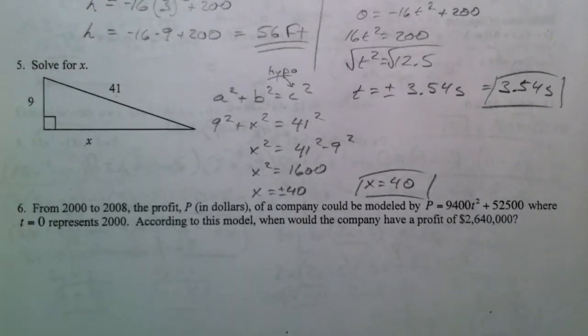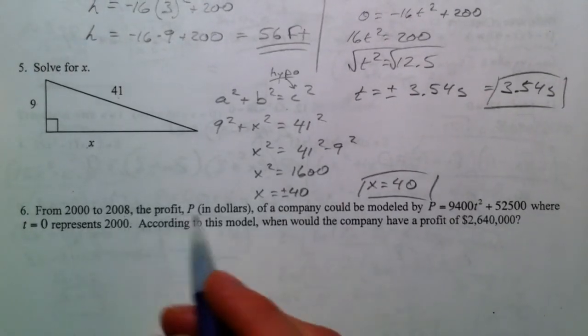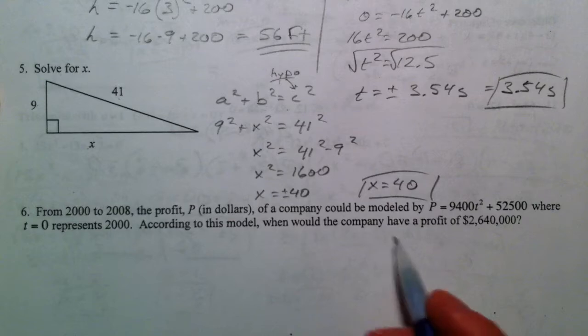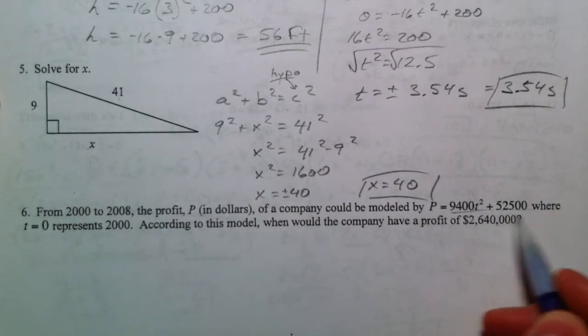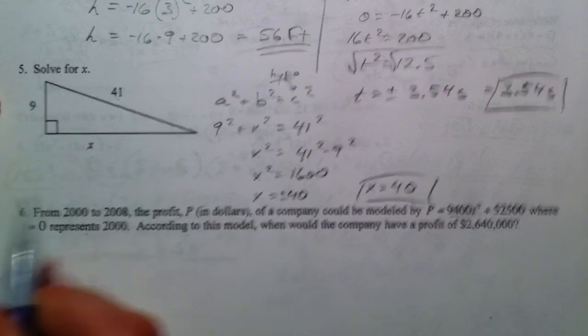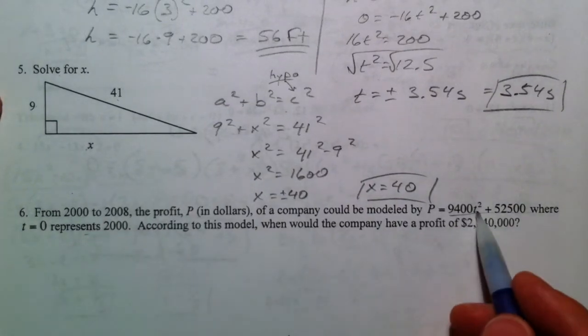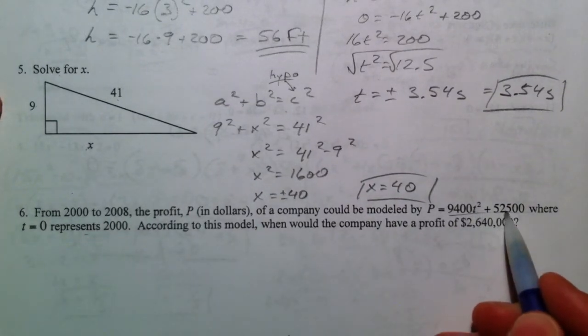Alright, another. From 2000 to 2008, the profit P in dollars of a company could be modeled by this profit equation, where t equals 0 represents 2000. So if you plugged in 0, we made 52,500.